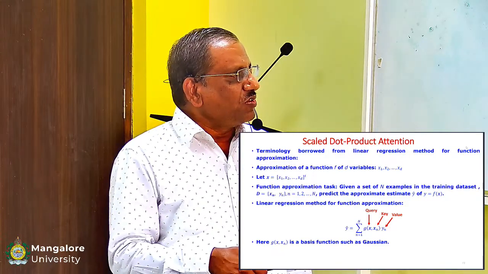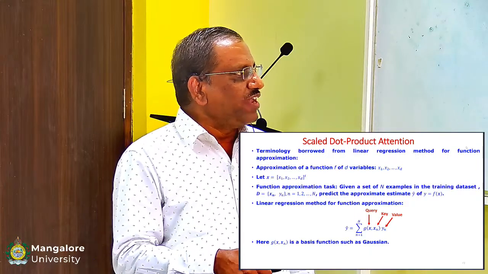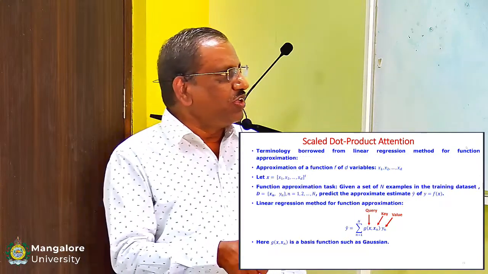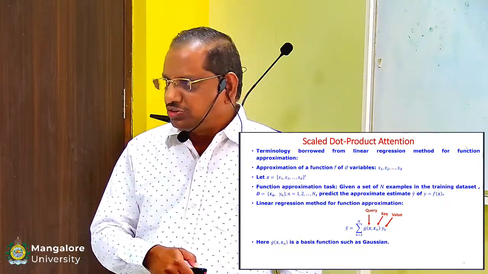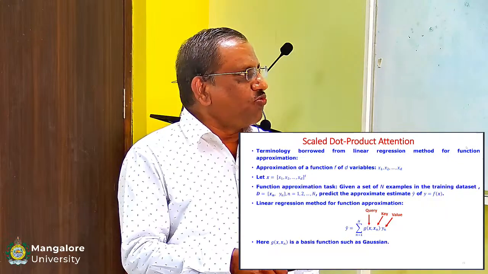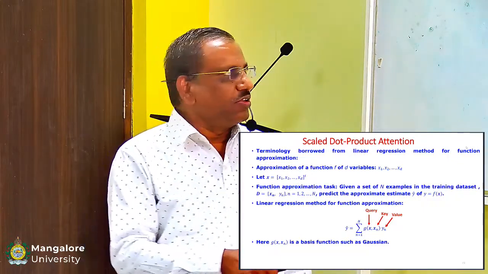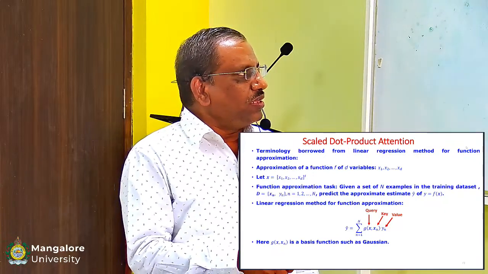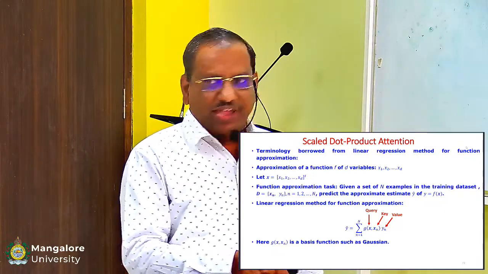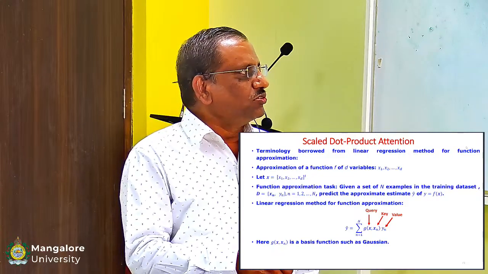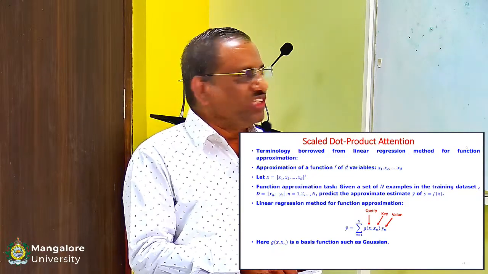I have some desired output yn for input xn. Like that, I have n number of inputs. Now for a new x, I want to predict what the y is. So now the query is x here, and I have the prediction values y for each of these xn's.